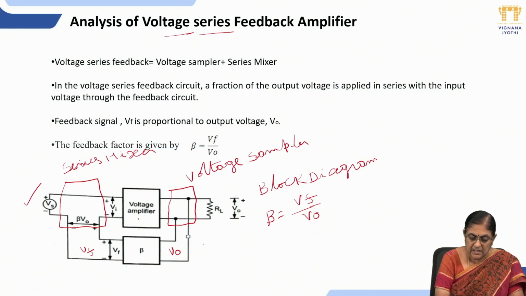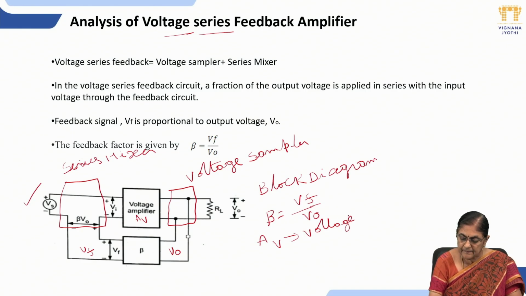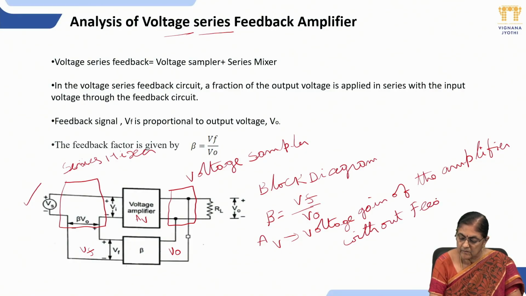AV is voltage gain of the amplifier without feedback. What is the basic amplifier in voltage series feedback amplifier?